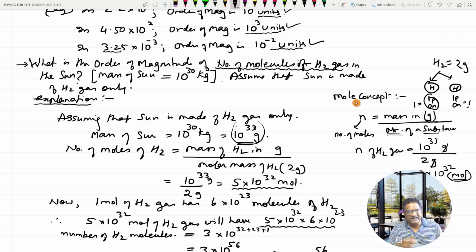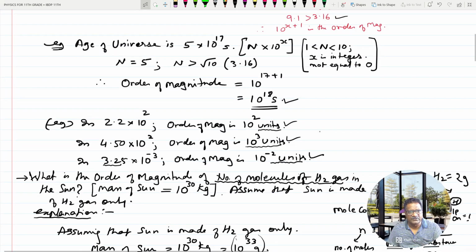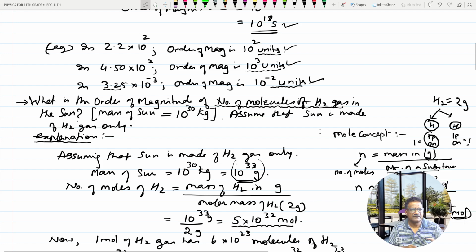But we are not asked to find out the order of magnitude of the number of moles. We are asked to find out the order of magnitude of the number of molecules. Now don't get confused with this number of moles and number of molecules. Number of moles you got as 5 into 10 raised to 32. You have not got the number of molecules.